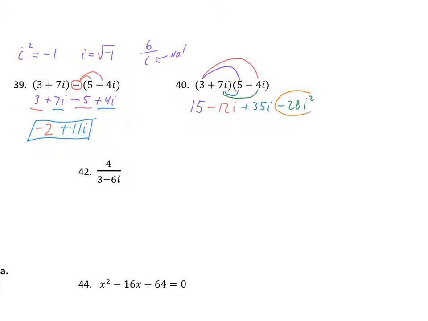But since i squared is equal to -1, it would be -28 times -1, which would be positive 28. So now I have these two real numbers here, which 15 plus 28 is 43. And -12i plus 35i is 23i.